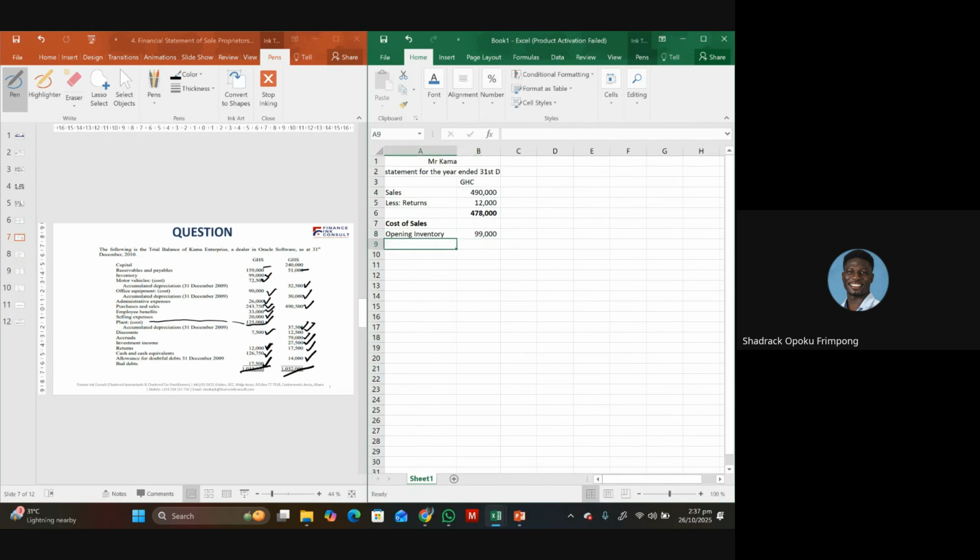Then we would purchase more after selling what we have at the start. That is 243,750. So we add them together.